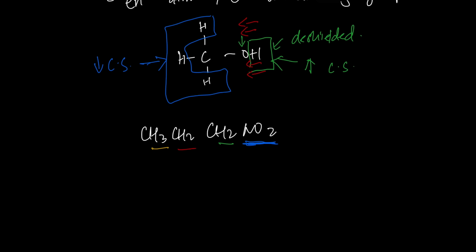So this proton has a greater de-shielding effect compared to the other two, with the highest chemical shift value. Followed by this one, which has a lower chemical shift value compared to this, but higher compared to this, so it is in the middle.